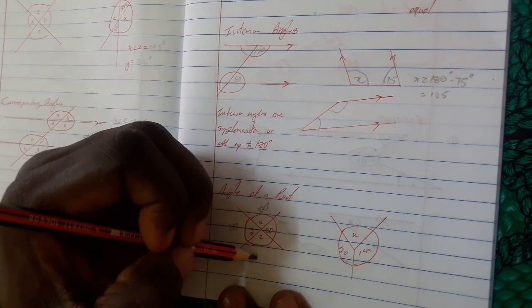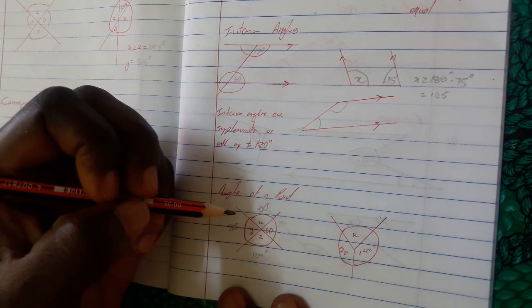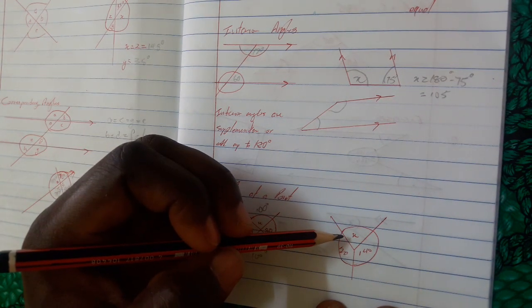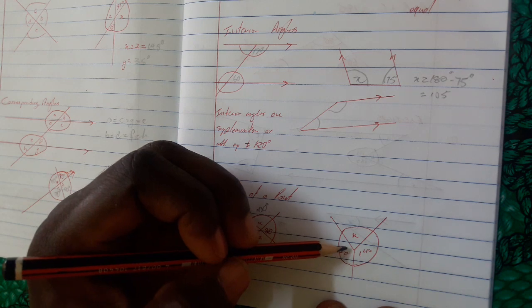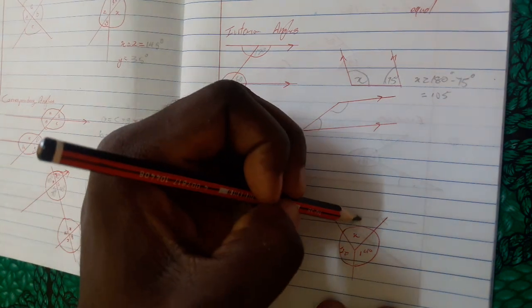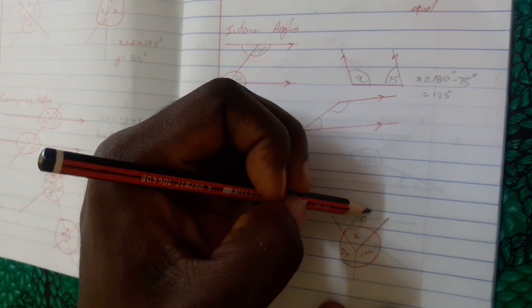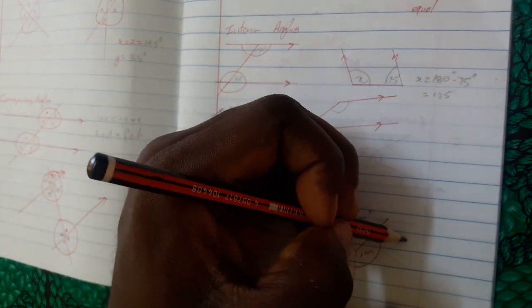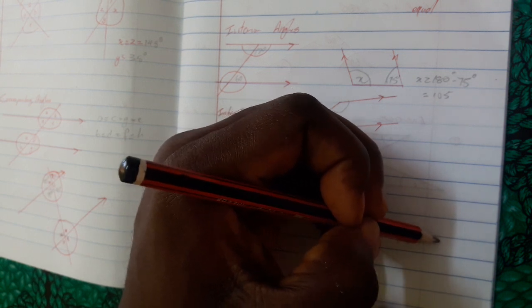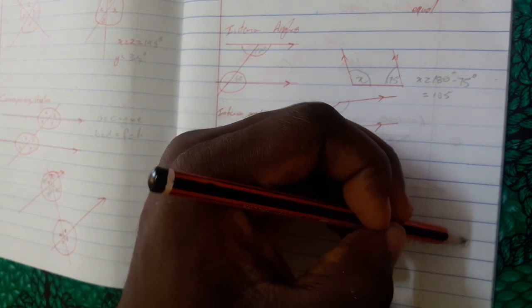Vertically opposite angle again, there has to be 100. In the case where you're given three angles, if these two angles add up to 260, then this one has to be 100 to add up to 360. What you do is x plus 120 degrees plus 140 degrees is equal to 360.